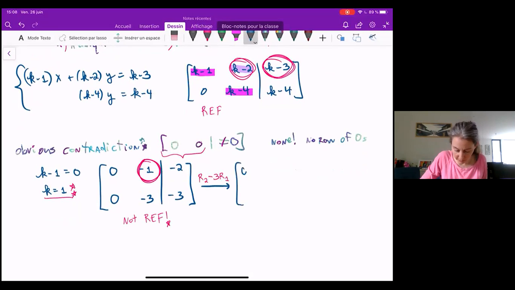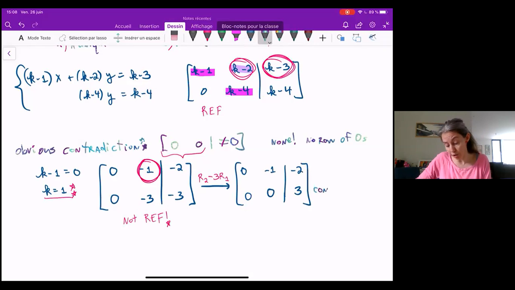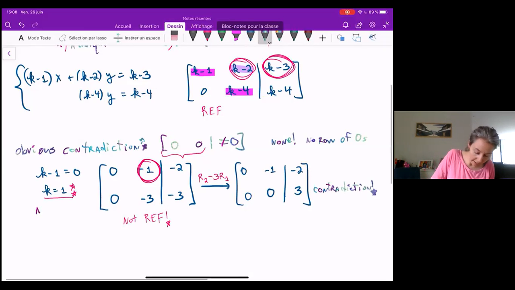That gives me 0, 0, minus 1, minus 2, minus 3. That's going to make my 0, minus 3 times minus 2. That's minus 3 plus 6. That gives me a 3. And what just happened is a contradiction. That contradiction was really not all that obvious, but it did happen. So there is no solution when k is equal to 1.